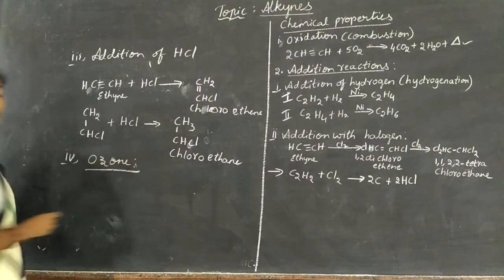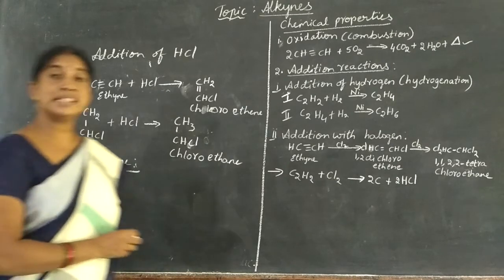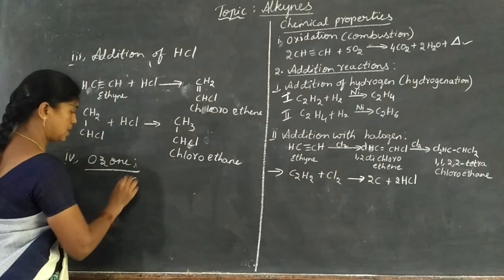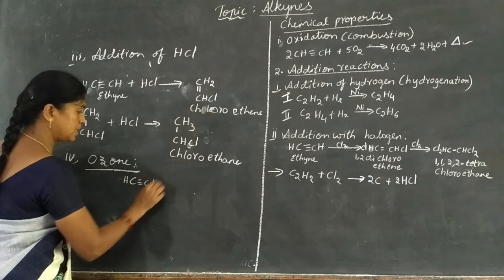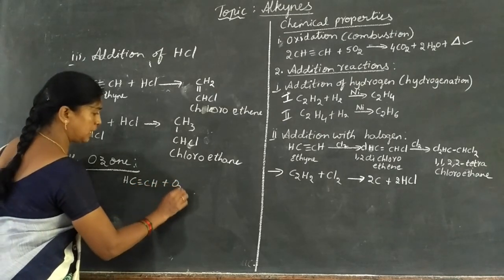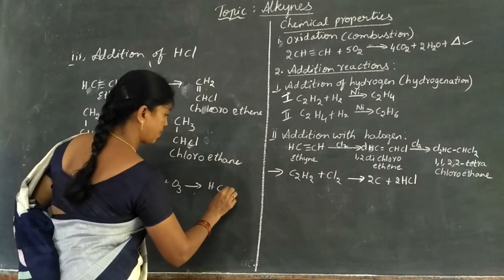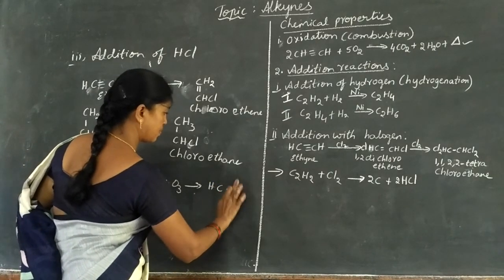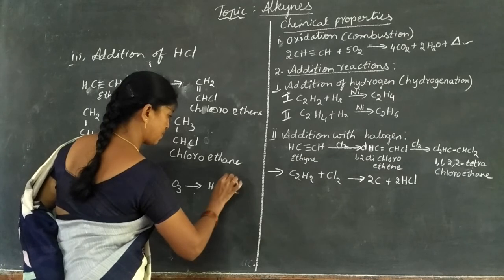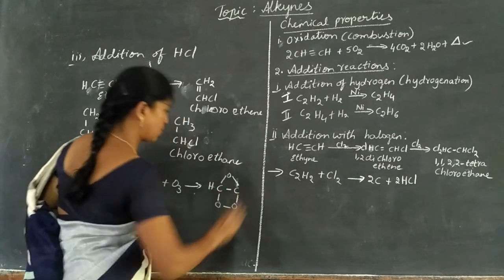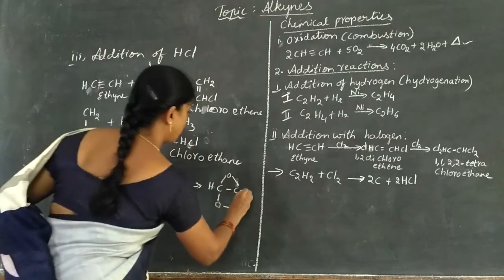What is the ozone formula? The ozone formula is O3. So CH triple bond CH plus O3 will give rise to this. It will be formed.